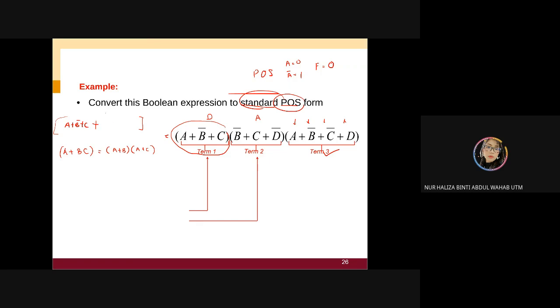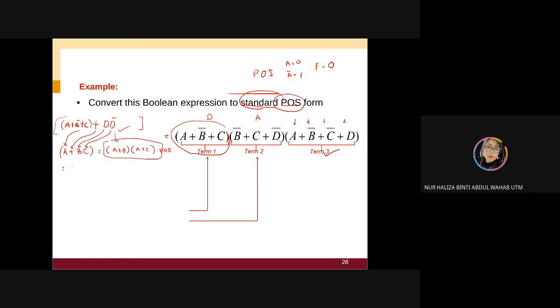Now you can see it's similar to here. D equal to B, D bar equal to C. Here all together will be represented as my A. After I relate this, I need to convert to this look, so it is like our POS.